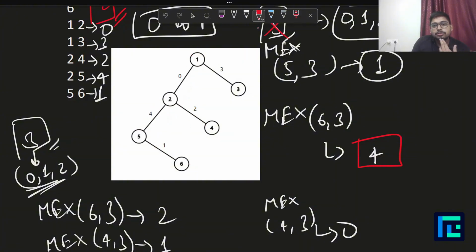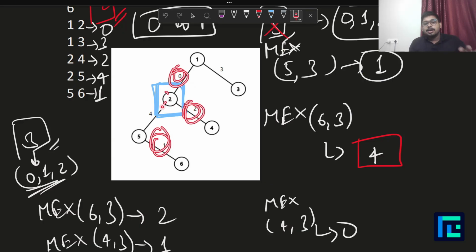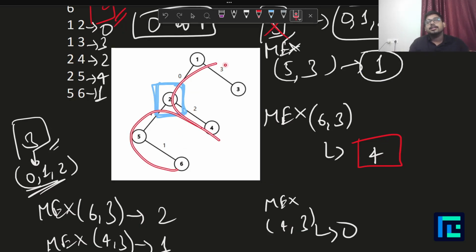So this particular node 2 is actually dividing these three labels, 0, 1 and 2. These three labels are actually in three different subtrees of this node 2. So then you would never have a path containing all the three of them.